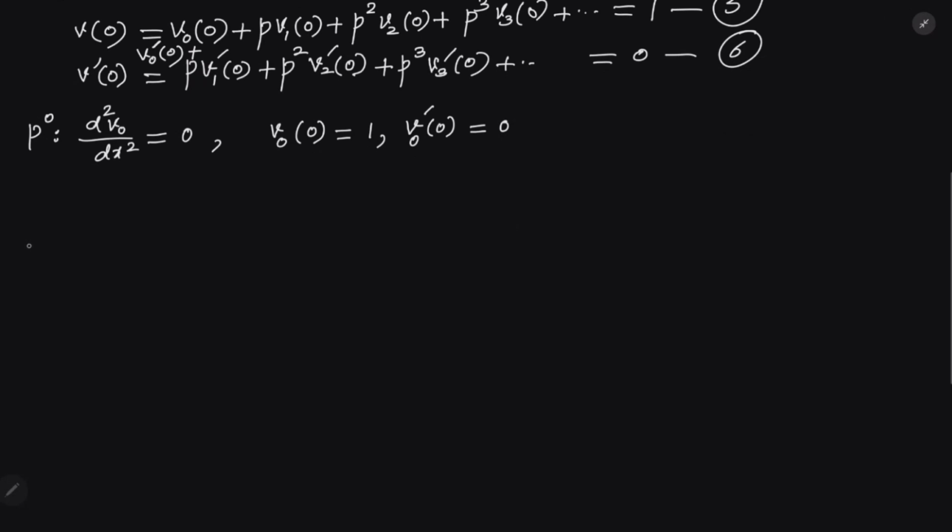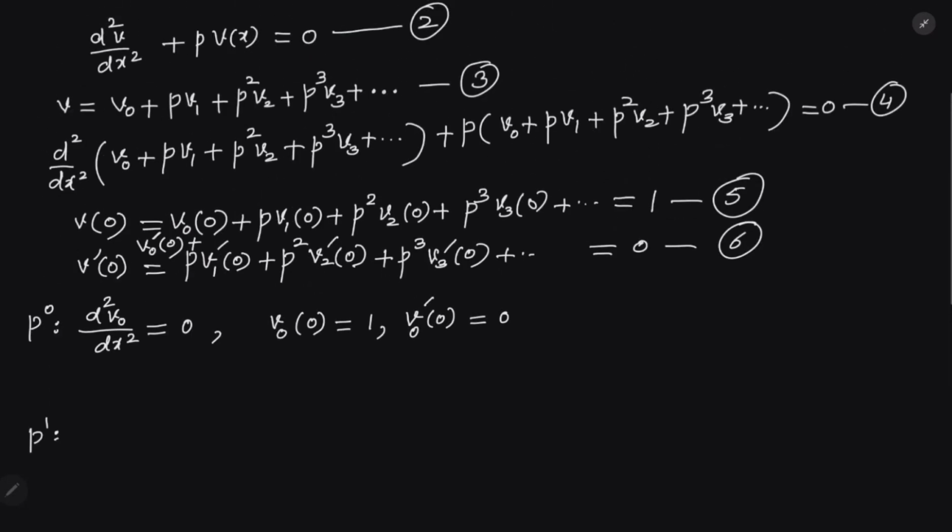Then I have p of 1. When I compare the coefficients of p raised to power 1 from equation number 4, I get d square v1 by dx square plus v naught equal to 0.